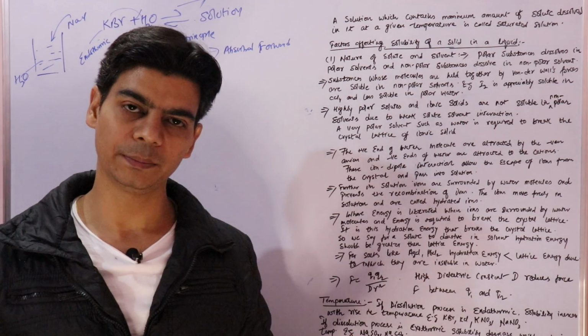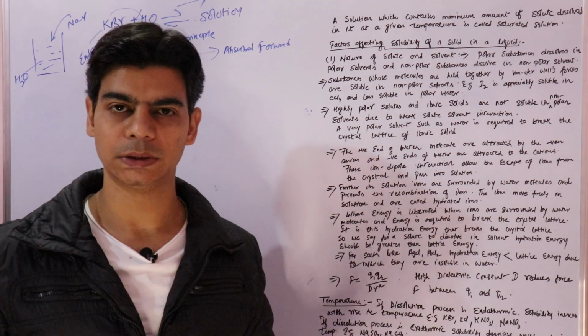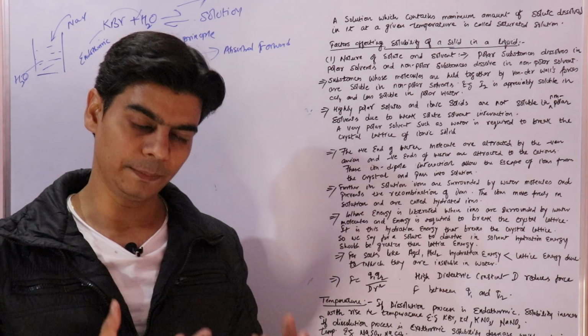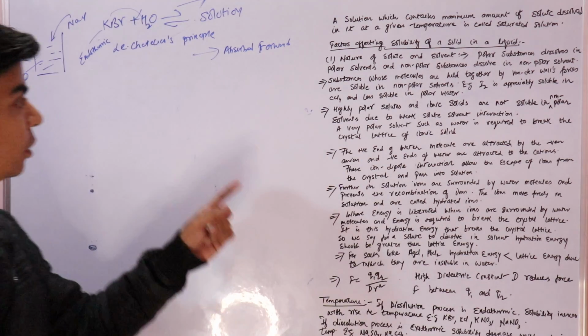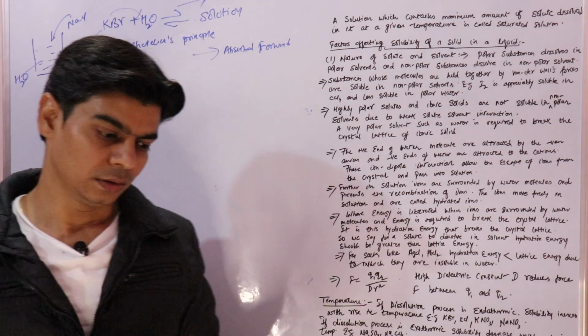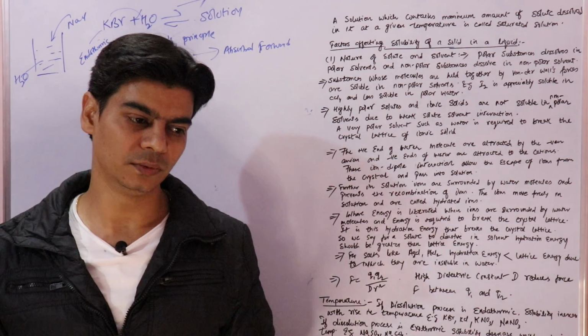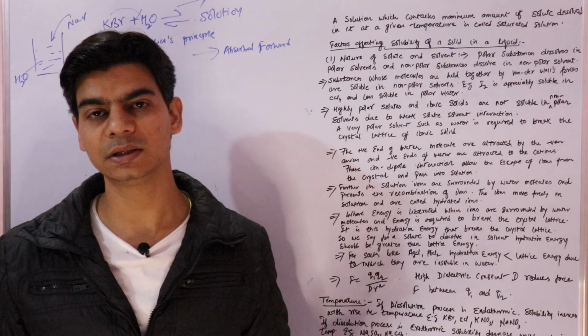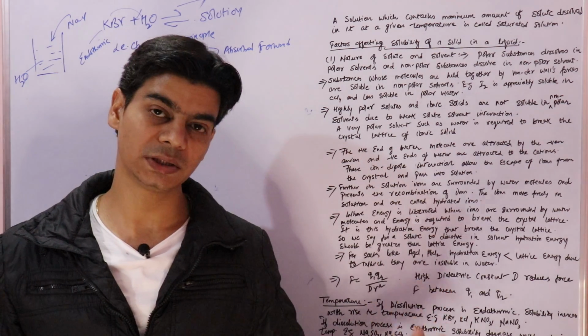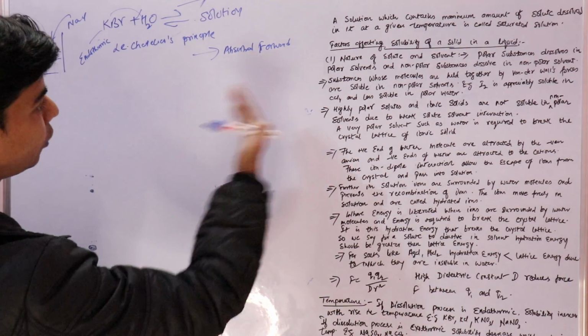Since we are increasing temperature, Le-Chatelier's principle says that when temperature is increased on an equilibrium system, the reaction will move in a direction where heat is absorbed or where temperature is decreased. So it will move in the forward direction.